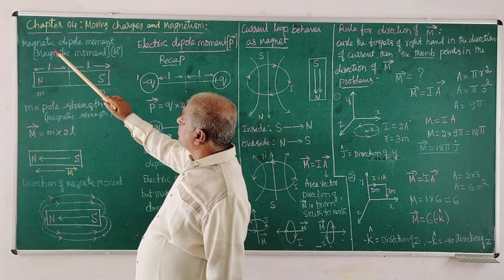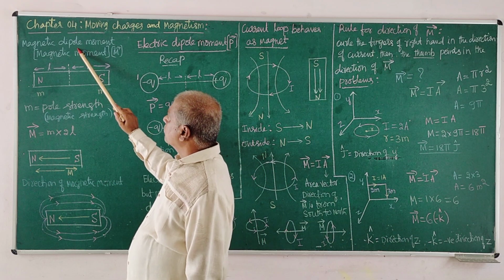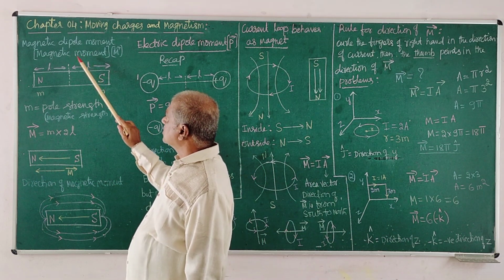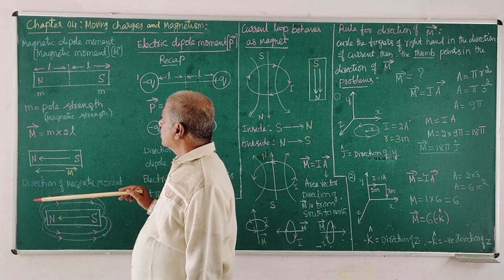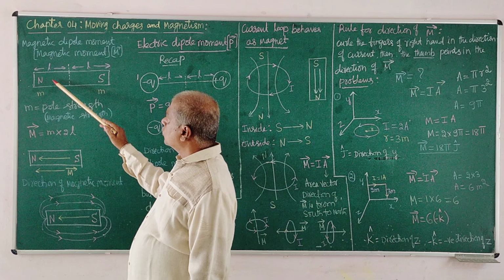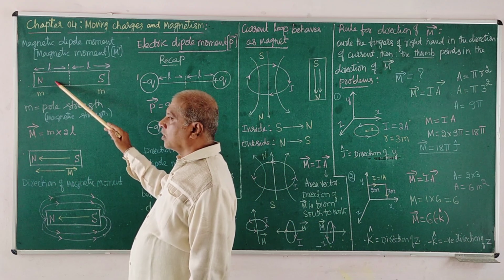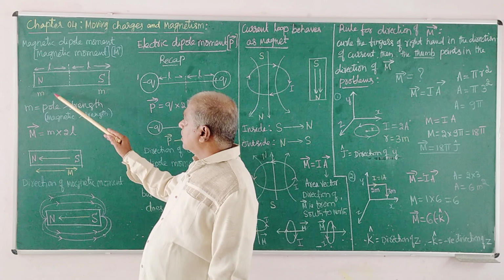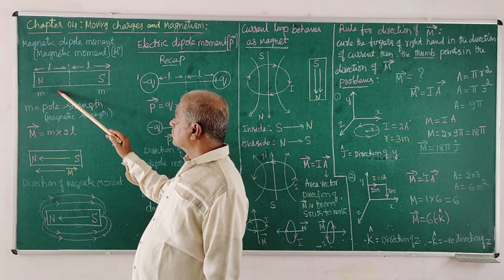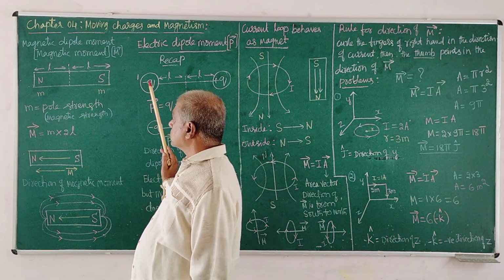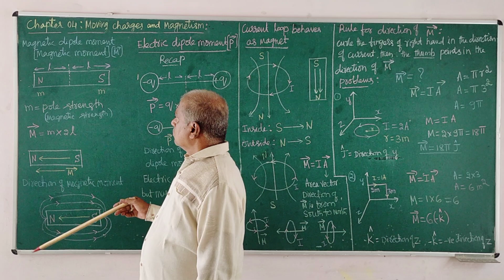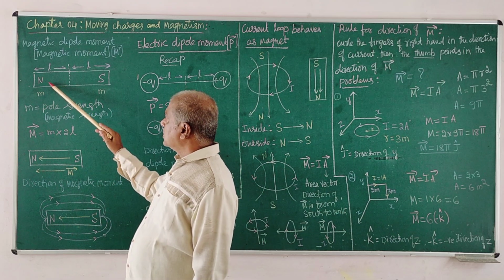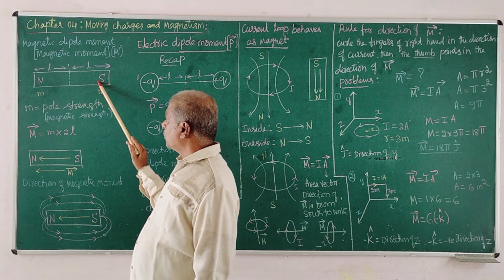What is a magnetic dipole? A magnetic dipole is similar to this. There are two poles of equal and opposite. Here the poles are magnetic poles, whereas there the poles are electric poles. Magnetic poles are, one is north pole, the other is south pole.